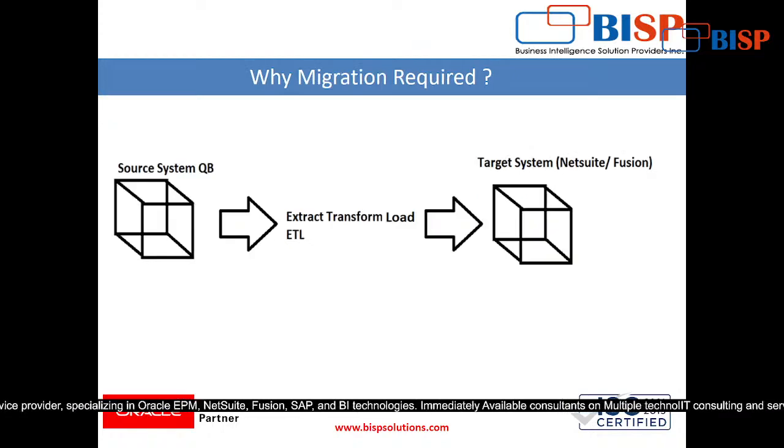Our main focus is how we will do the migration. Let's take this example. This is your source system, QB. The client has been using QuickBooks for the last few years, and now they want to move. So there are two methodologies of data migration.